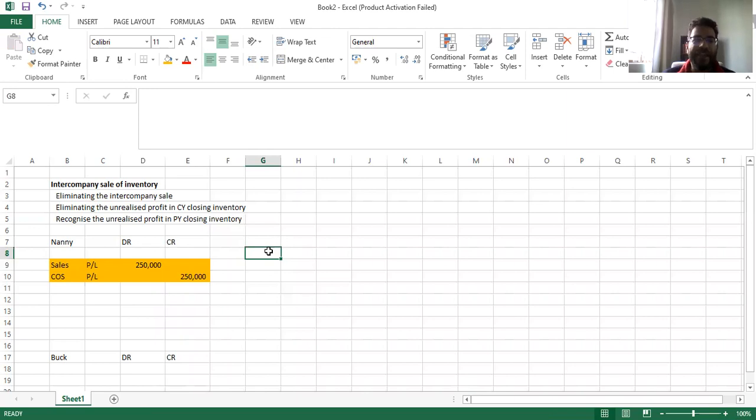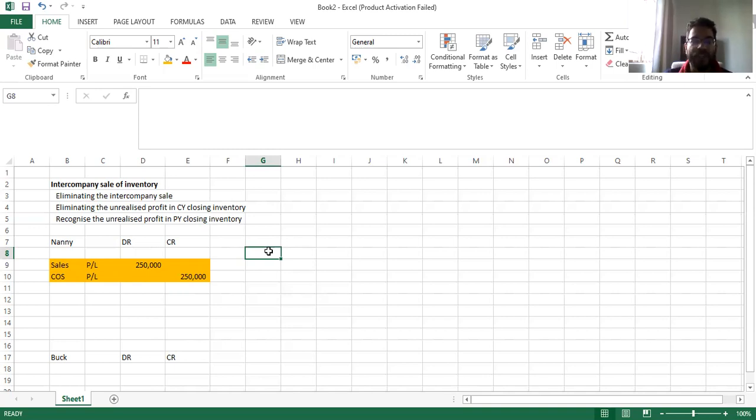There's a decrease to profit or loss of 250 and an increase in profit or loss of 250. So the impact on profit or loss is zero. All we are doing is decreasing cost of sales and decreasing sales. So the net impact on gross profit and on profit is zero. There will be no deferred tax implication.